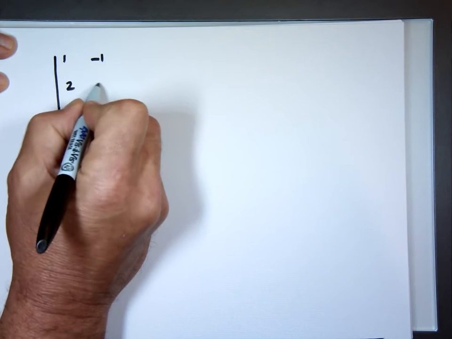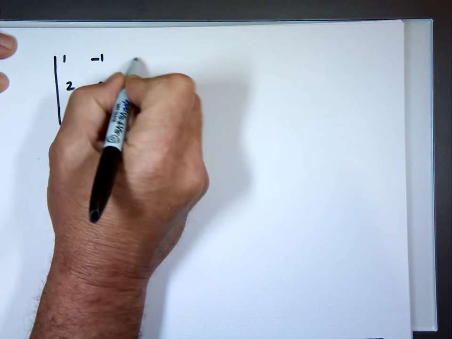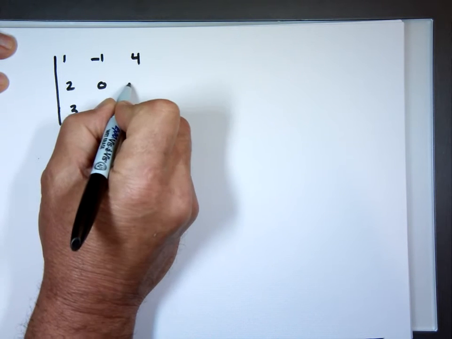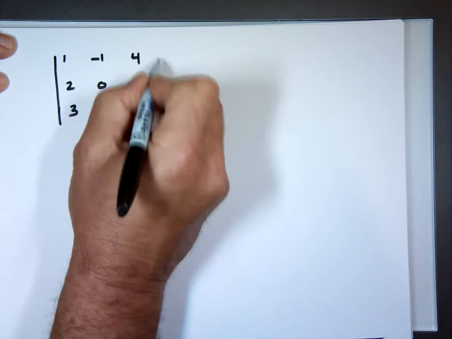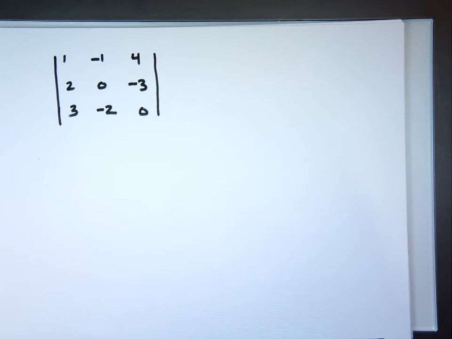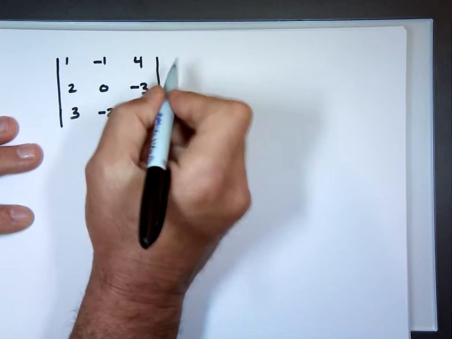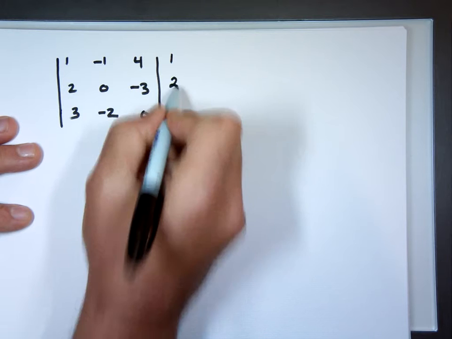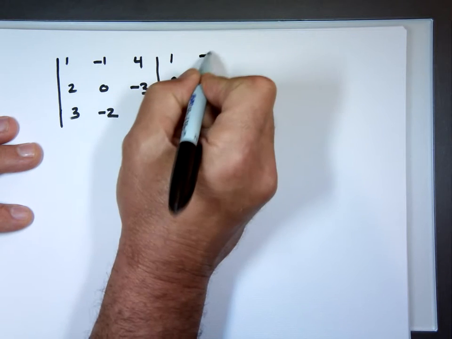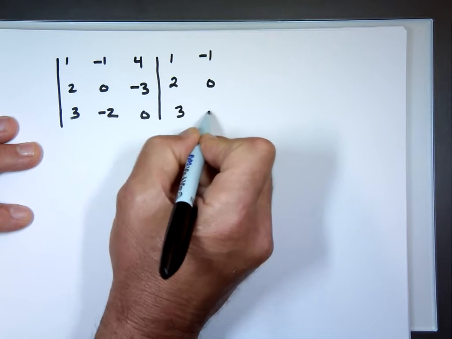Negative 1, 0, negative 2. 4, negative 3, 0. Again, I like to put 0 just to make my life easy. Copy the first 2 columns. 1, 2, 3, negative 1, 0, negative 2.